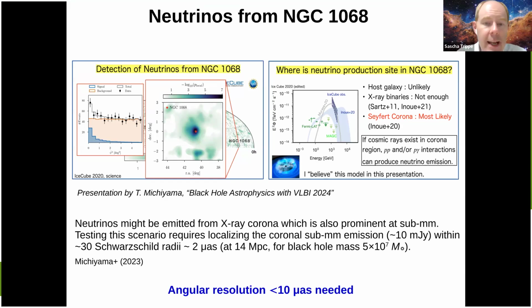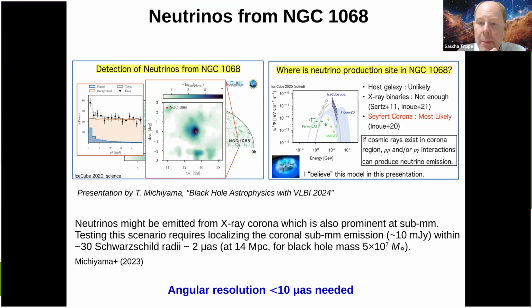In this case, the idea was that there's an AGN with an accretion disk around the central supermassive black hole. Above and below the accretion disk, you have a so-called corona, material which is much hotter than the accretion disk itself, which is a prominent emitter of high energy radiation, but would also be visible all the way down to sub-millimeter wavelengths, so high frequency radio observations.